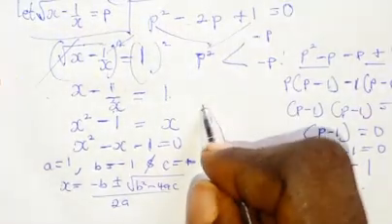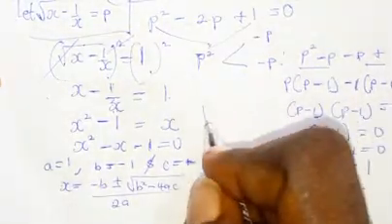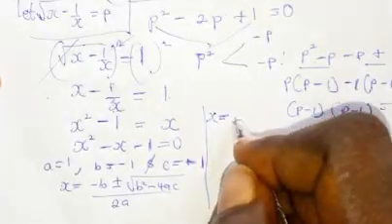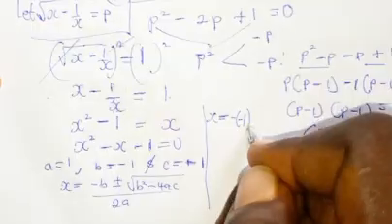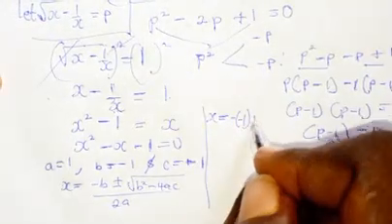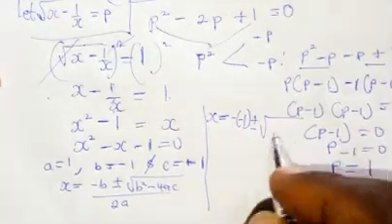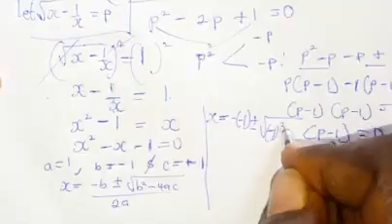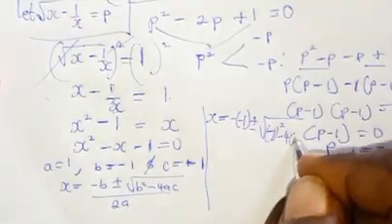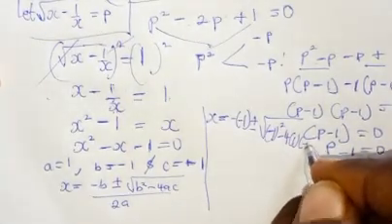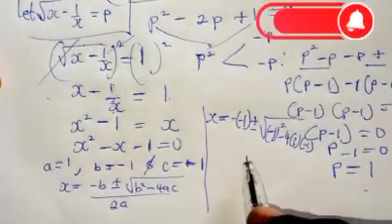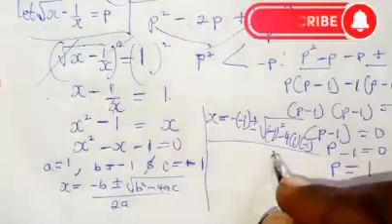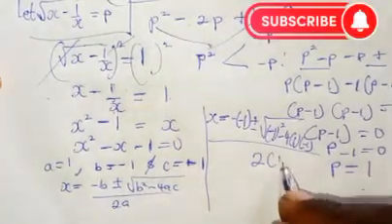So substituting that into the formula, we have x is equals to minus into bracket minus 1, and here we have plus or minus root b squared, which is minus 1 raised to the power of 2 minus 4 times 1 times minus 1. So we have 2 multiplied by 1.